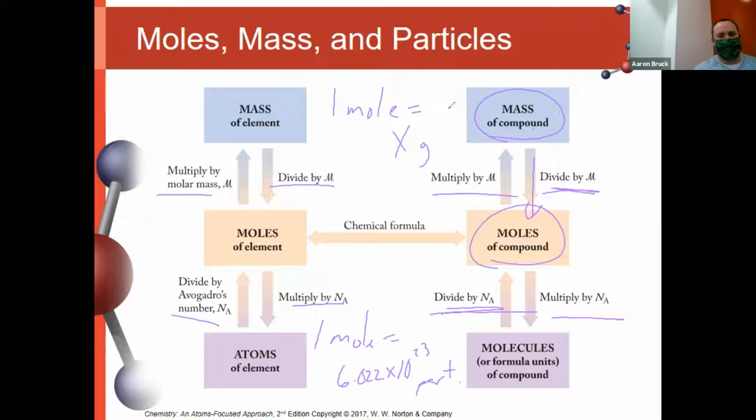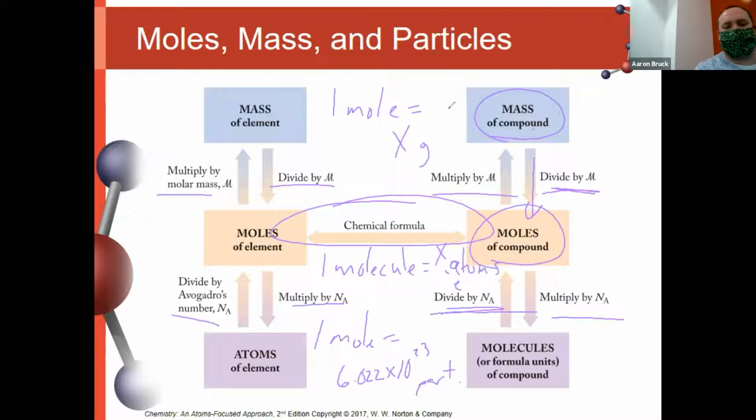The chemical formula of a substance gives us a ratio between one element and another element in that compound. It also tells us that for every molecule of that substance, we'll get a certain number of atoms of an element.